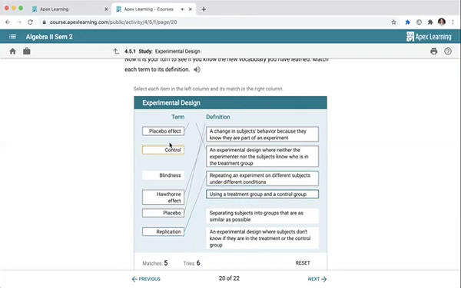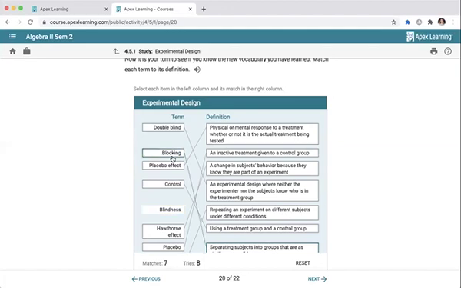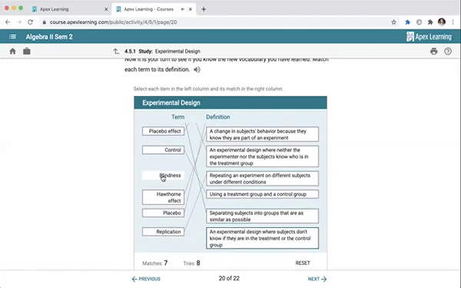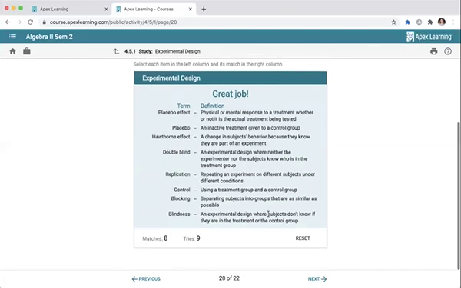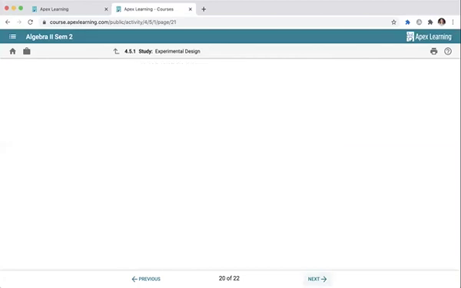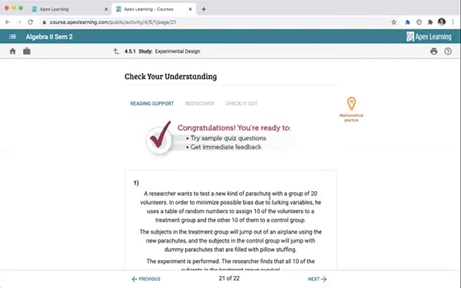Using a treatment group and a control group, that's part of the control. Separating subjects into groups that are as similar as possible, that would be blocking. And then finally, a design where the subjects don't know where they are is called blindness. You can do that on your own and take a look and understand that.